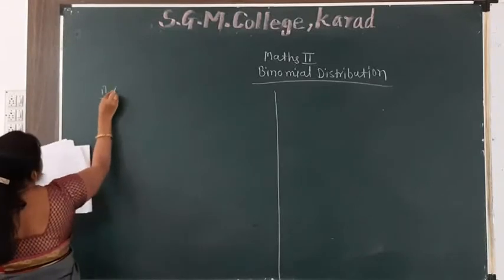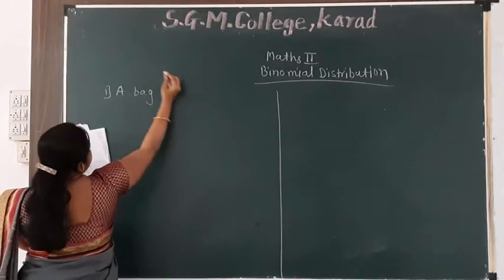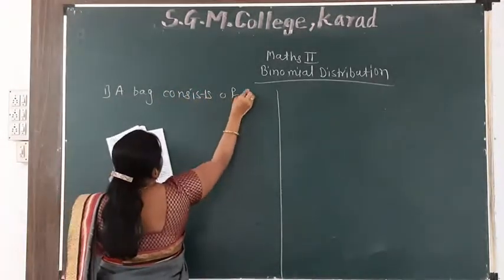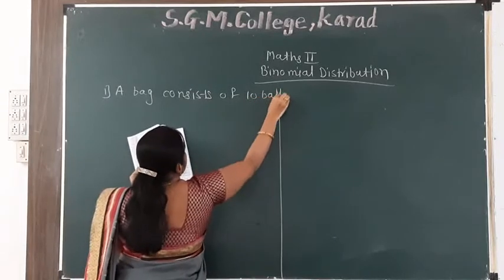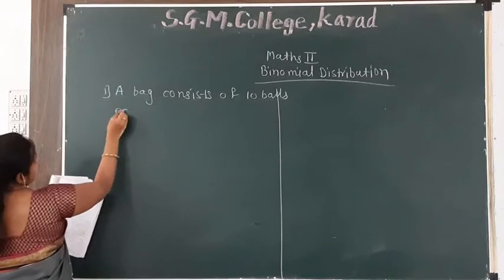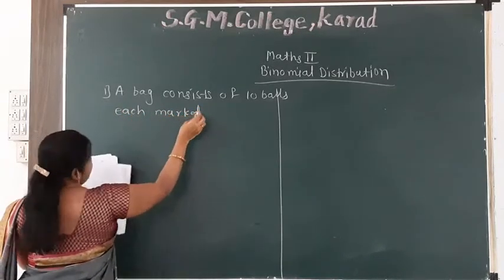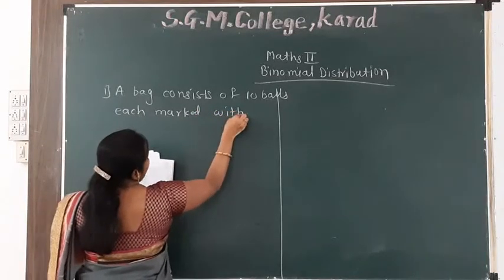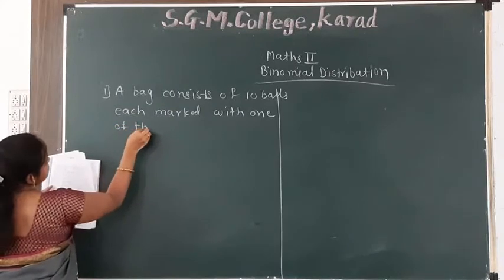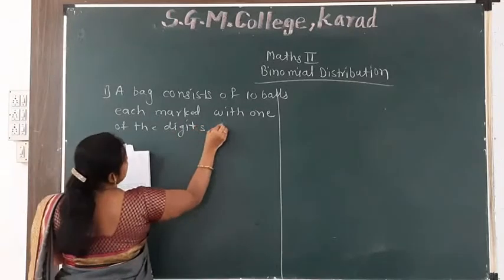My first problem is: a bag consists of 10 balls, each marked with one of the digits 0 to 9.